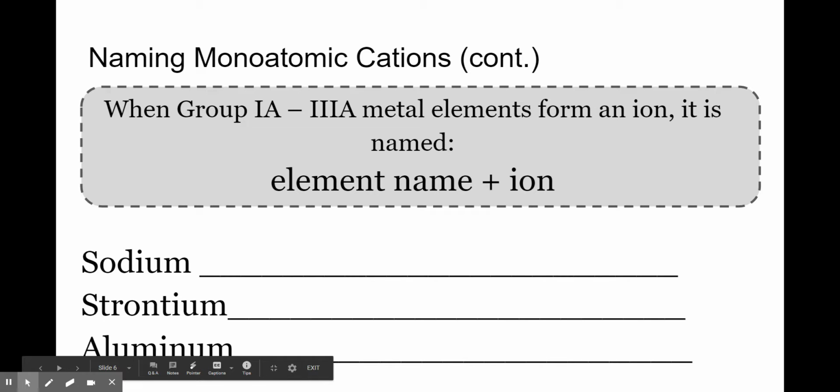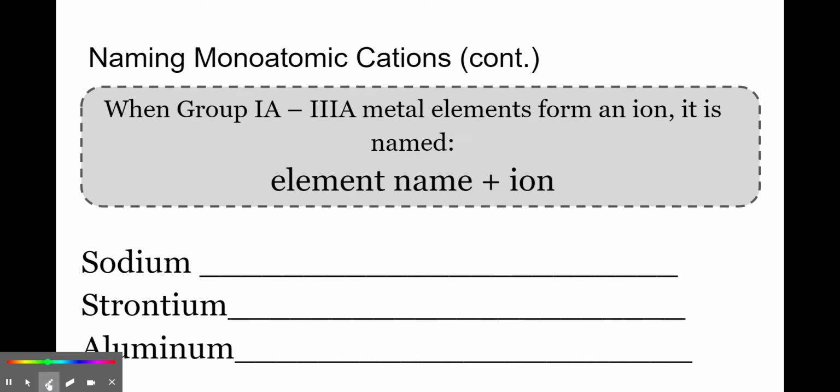When we name these ions that have formed positive charges, cations, you simply name them the element's name and then the word ion. So when sodium forms an ion, it's going to be named sodium ion.